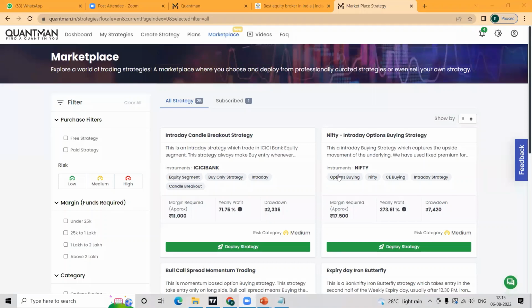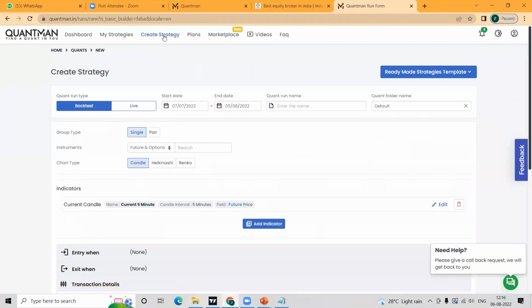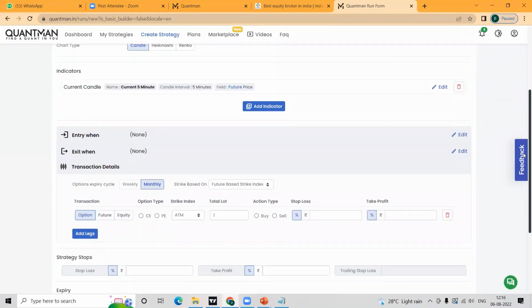Can we make the lot sizes dynamic instead of mentioning 1 or 2? Just mention the premium or strike price, but the lot should be dynamic. What is the option, how to do it, sir? Dynamic means you want to exit one lot. Okay, I'll give you an example. I have 1 lakh rupees in my trading account. Instead of buying 1 lot, I want to take 10 lots if the value of a lot is 10,000.